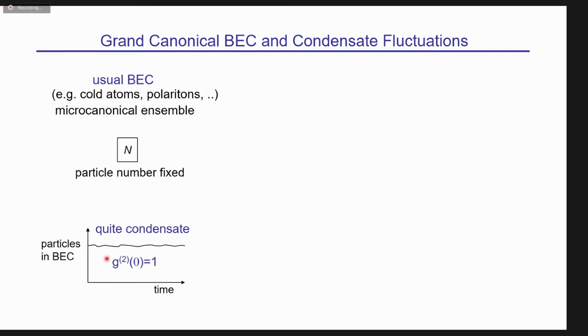One still can have fluctuations of the condensate state to the thermal cloud, but these are only Poissonian, and they are relatively small, and the second order intensity correlation g2 at zero time delay equals 1.